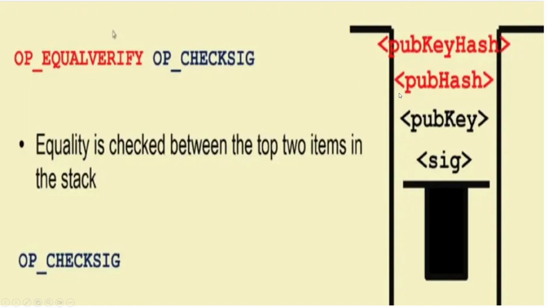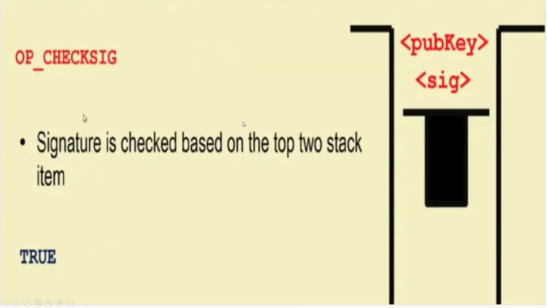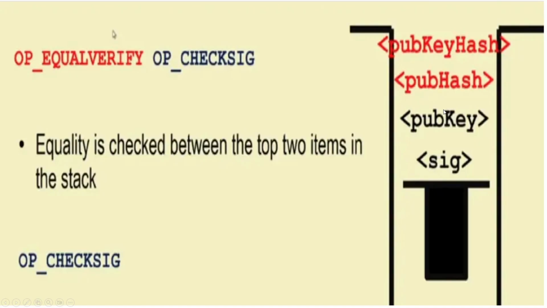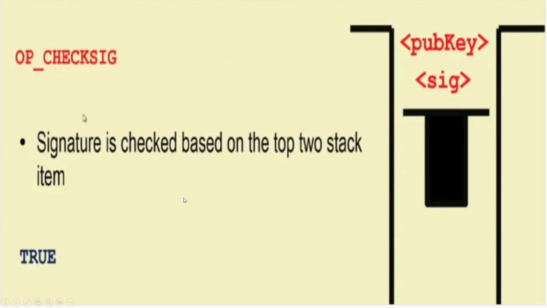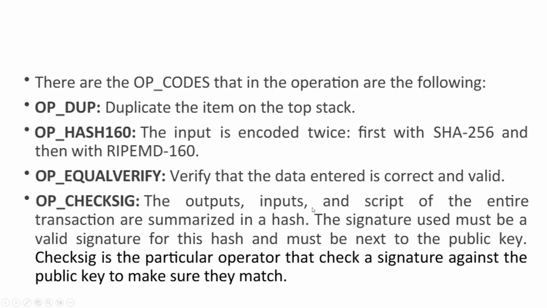There are two items here, the pub hash and the pub key hash, and it is checked whether both are equal. And then the last one is the operator check signature. The signature is checked based on the top two stack items. We already had the condition true, since in the previous step we compared those two and got the value true.